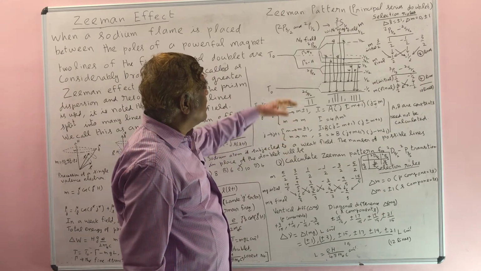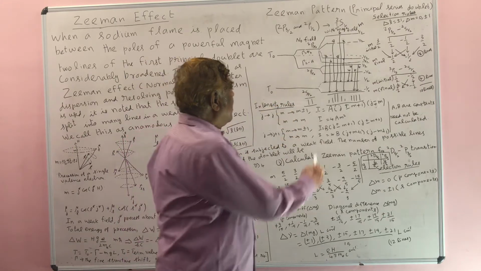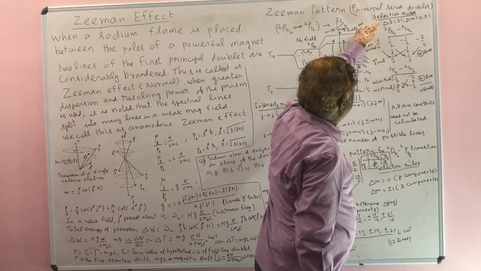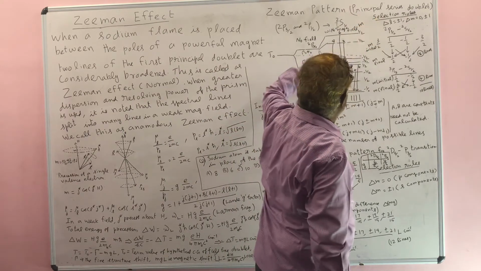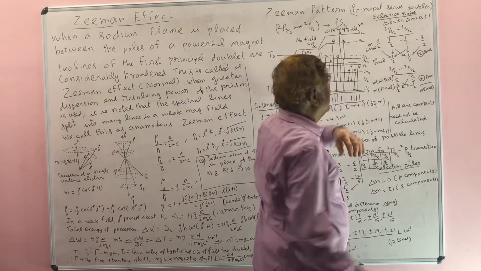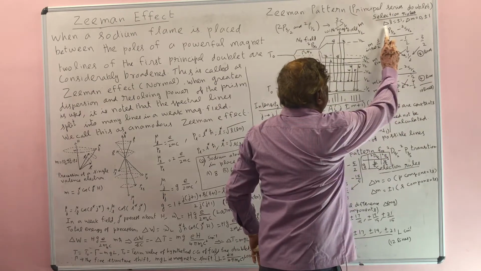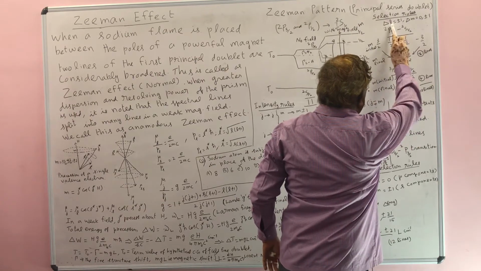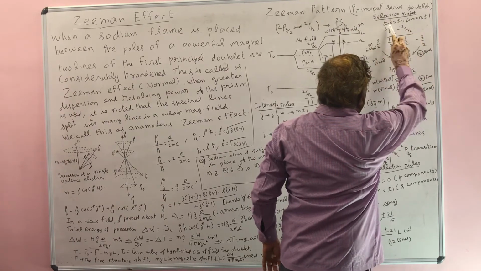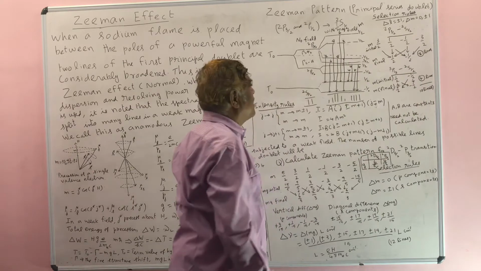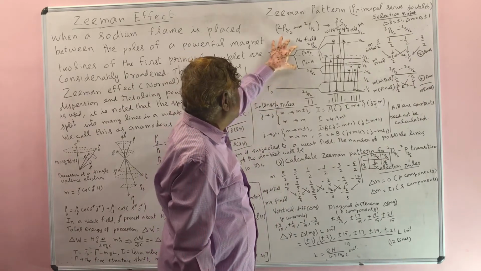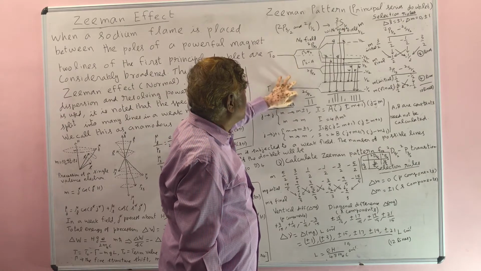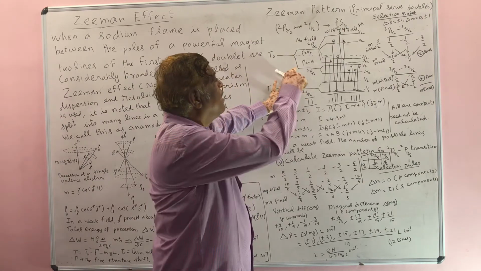Now let us consider the transition. You have to use the selection rules to obtain the transition. There are 2 selection rules, corresponding to the orbital angular momentum quantum number and the magnetic quantum number. Delta L is equal to plus or minus 1. This is the first rule. So this is a P state and this is an S state, so P to S is possible.